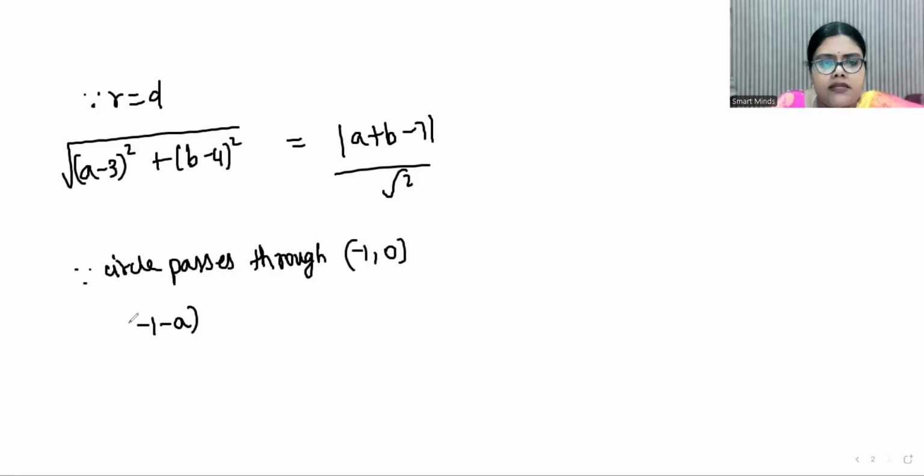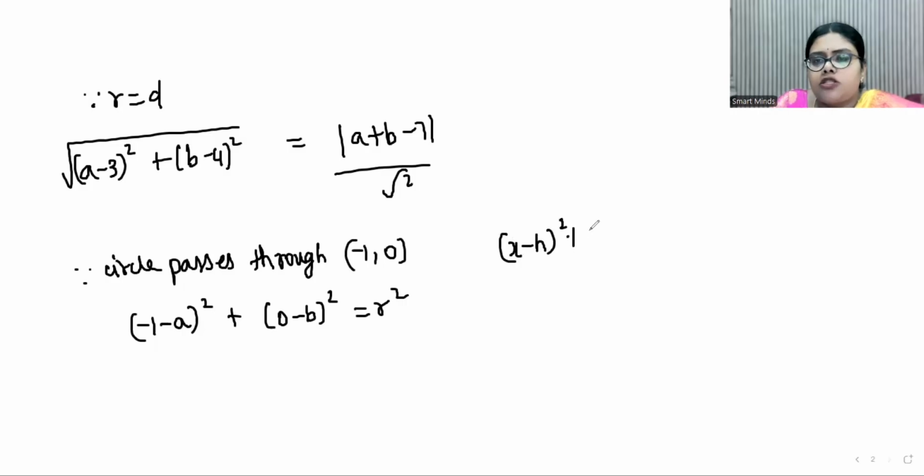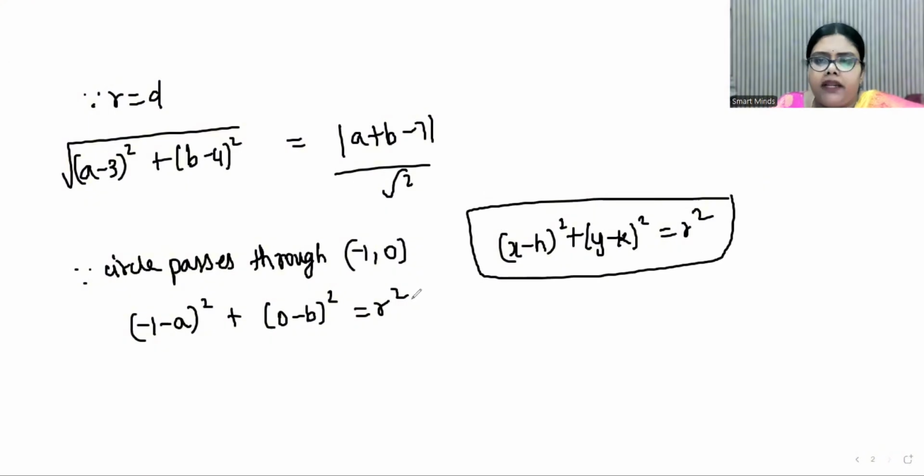Minus 1 minus a whole square plus 0 minus b whole square is equal to r square. I applied the formula x minus h whole square plus y minus k whole square is equal to r square. This formula I applied because we have a point and we have the center.